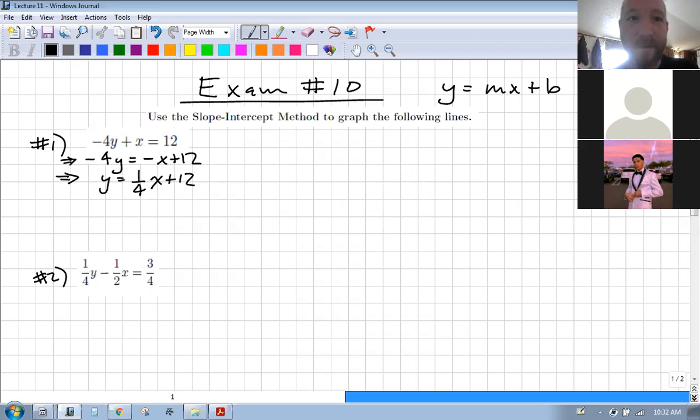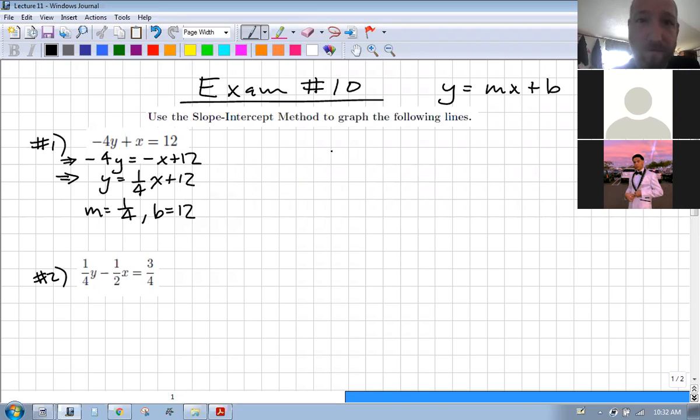The number that's multiplied by the x, that's your m. That is your slope. The number that's being added to your mx, that's your b. Sorry, that shouldn't be a 12. Oh yeah, it should be. That's your y-intercept.